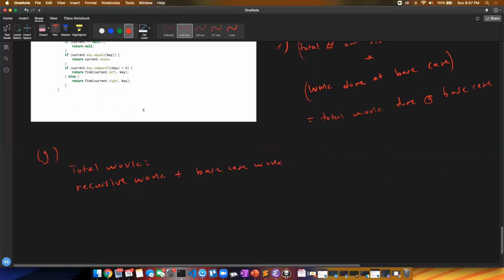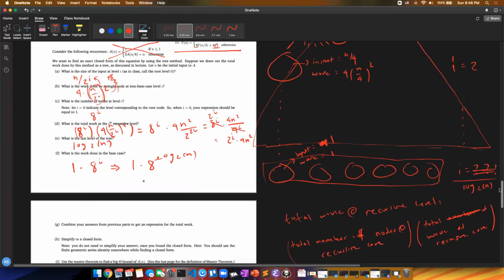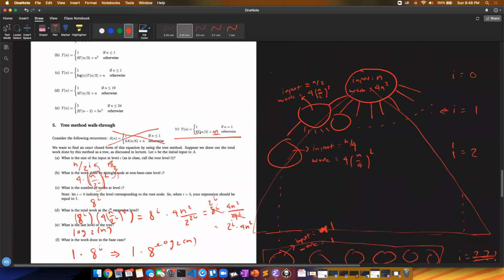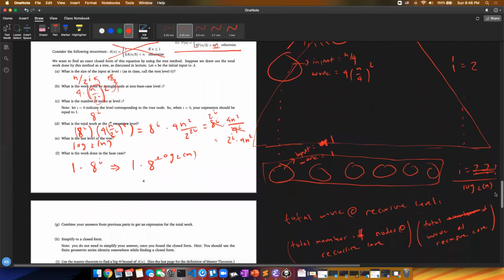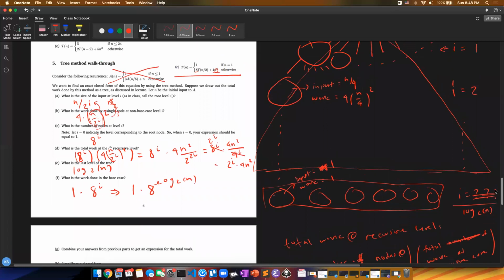We have to solve the recursive work and base case work separately, because they do different amounts of work, and we can see that in the recurrence. In our base case, we do a constant amount of work, but in the recursive case, we do 4n squared amount of work. Because of that, we had to calculate it in two different parts, and we did solve that essentially.